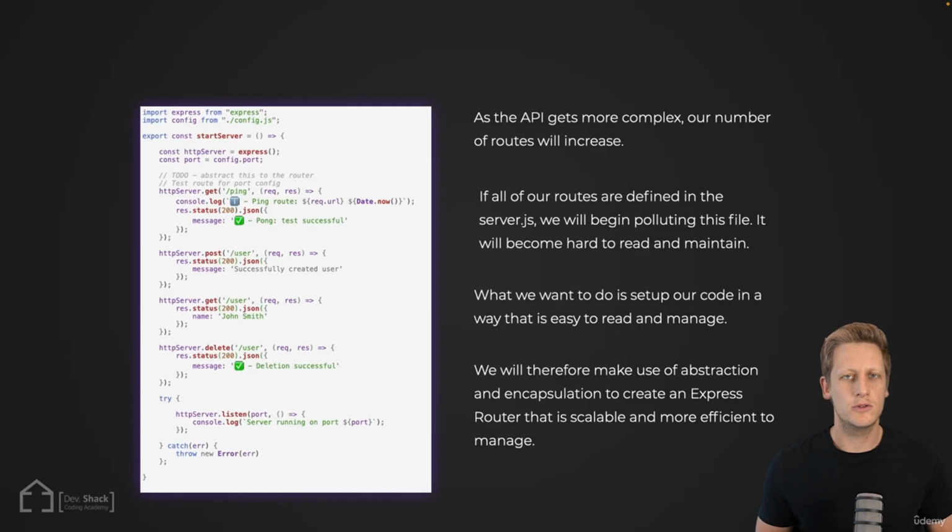So we want to set up our code base in a way that's easier to read and manage. The way we're going to do this is by abstracting the Express router as well as the configuration around the router, and we're going to modularize and encapsulate a high-level group of API routes so that they can be separated into their own files in a very neat and tidy way.